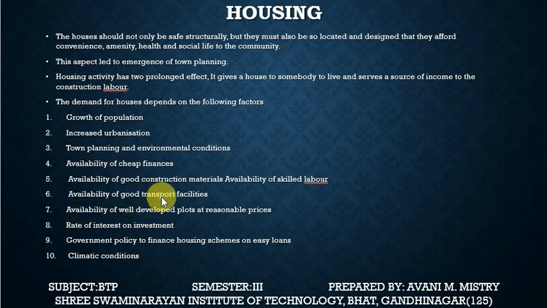Then availability of well developed plots at reasonable prices, rates of interest on investment, government policies to finance housing schemes, and easy loans. Then next one is climate condition.